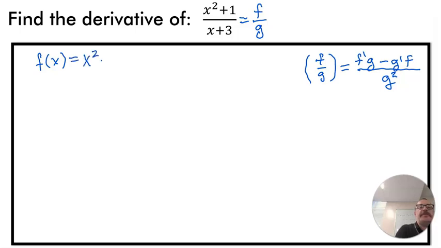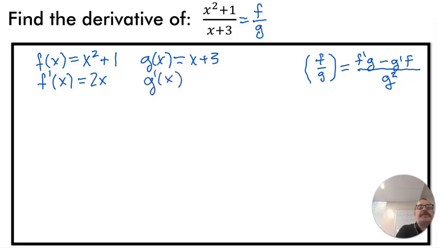If you're really quick with derivatives, this isn't a 100% necessary step, but it does make it a little bit easier to digest. If our top function is x squared plus 1, then our first derivative would be 2x. And if our bottom function is x plus 3, then the derivative of that would just be 1. So this one shouldn't be too terrible.